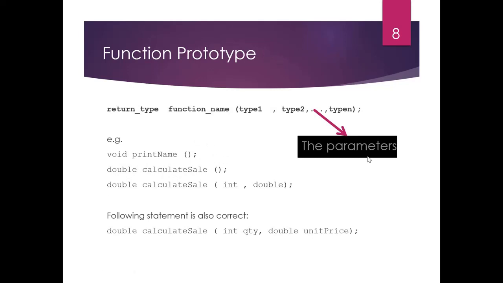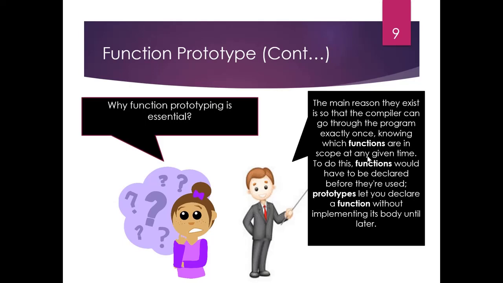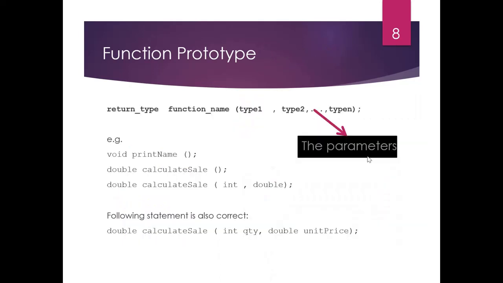And next thing we have to know is what a function prototype is. Here these are the examples for function prototypes. At the very first of a certain program, we have to write the prototypes of the functions that are used inside the program.